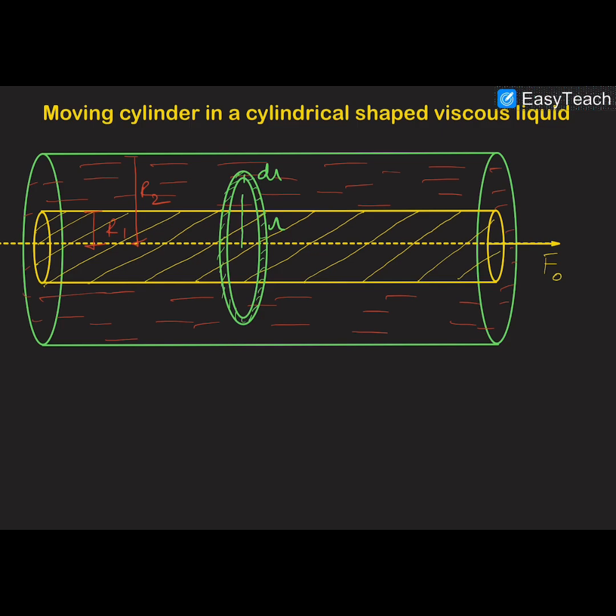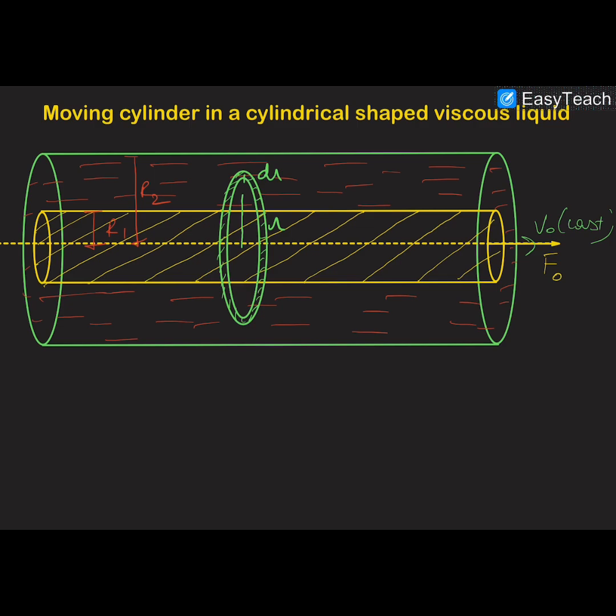The radius of the moving cylinder is r1, and the radius of the pipe is r2, and r2 minus r1 is not negligible, and we are continuously applying a force F naught on the inner cylinder, and due to this force this inner cylinder is moving with a constant velocity V naught. This is constant, and we have to find out the velocity at any point which is at a distance of r from the common axis of the cylinder and pipe.